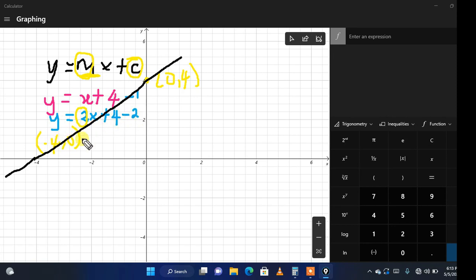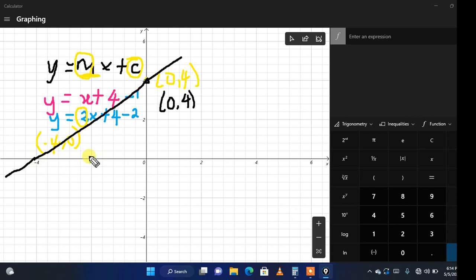Now if you draw the second equation, you realize that we also have a y-intercept of (0, 4) as indicated at this point. But when you come to the x, because we have 2 here, the x-intercept is going to move from this end to this end.